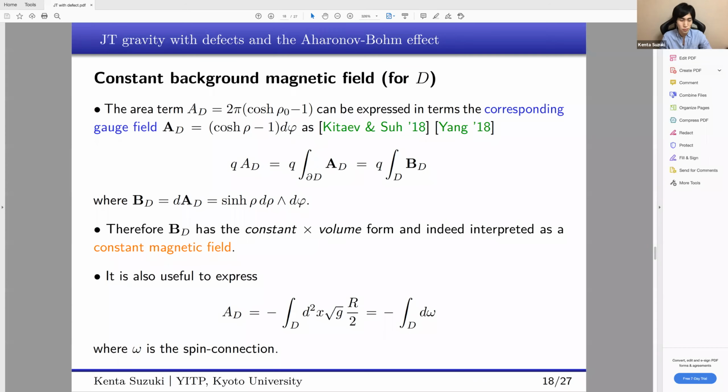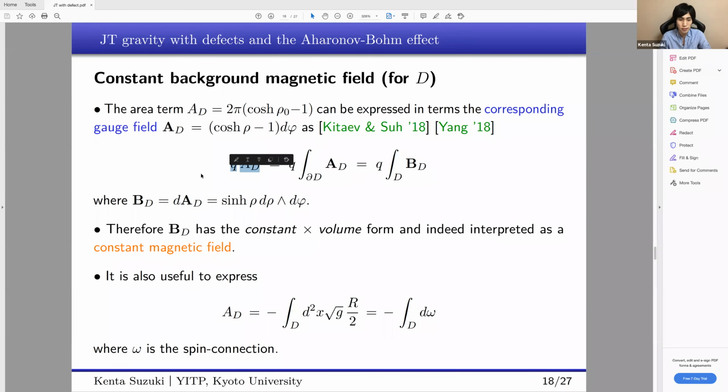For the disk geometry case, the area term can be explicitly evaluated, and it gives 2 pi times (cosh rho naught -1). And this area term can be re-expressed in terms of the corresponding gauge field, which is denoted by this A, and whose value is given by (cosh rho -1) times d rho.